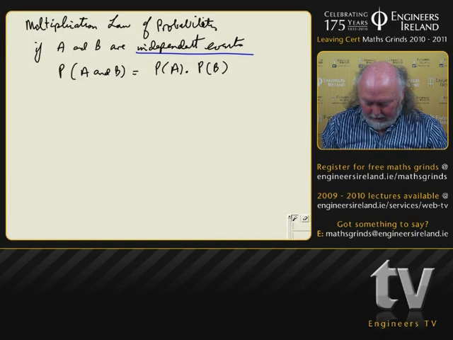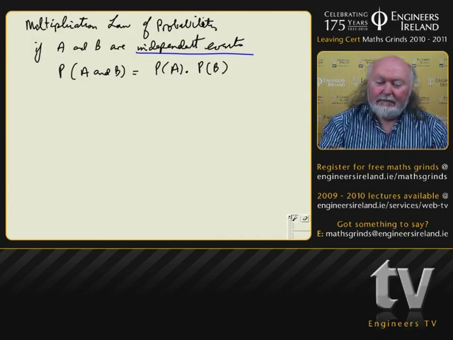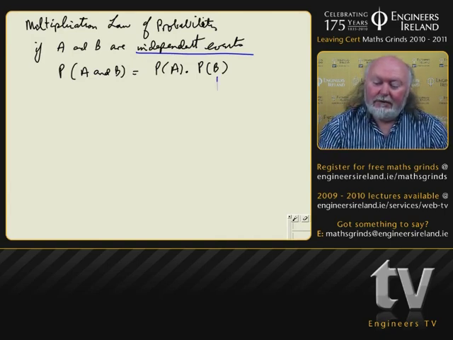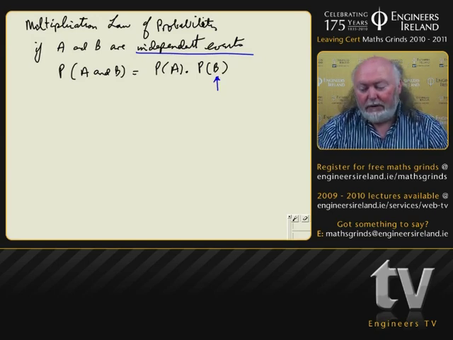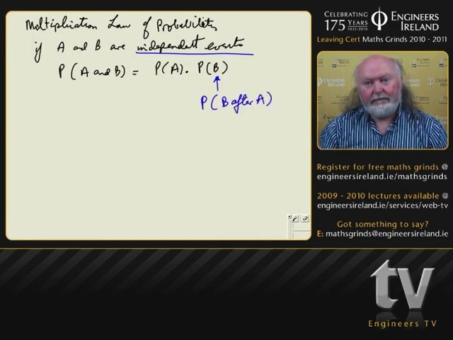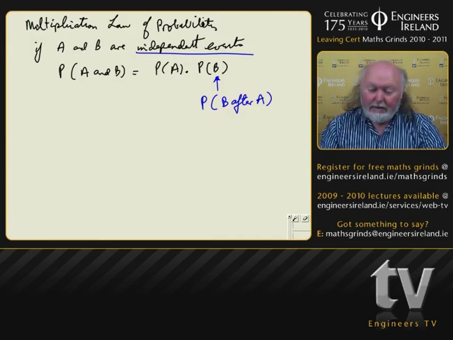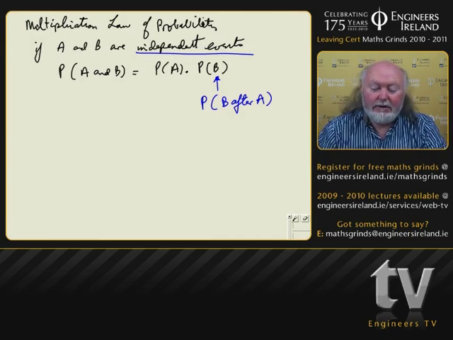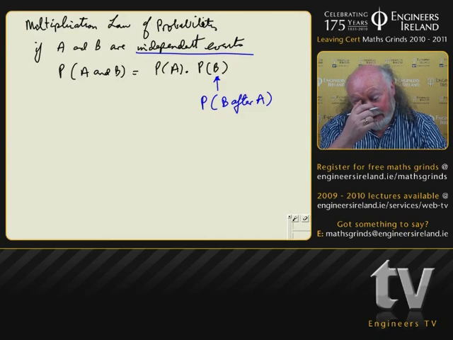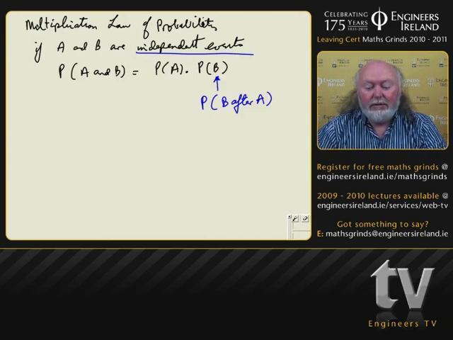What we do to adapt the law is we change what we mean by this. Probability of B is going to be probability of B after A. For example, picking the cards that I mentioned to you, there are 13 hearts in the 52 cards.